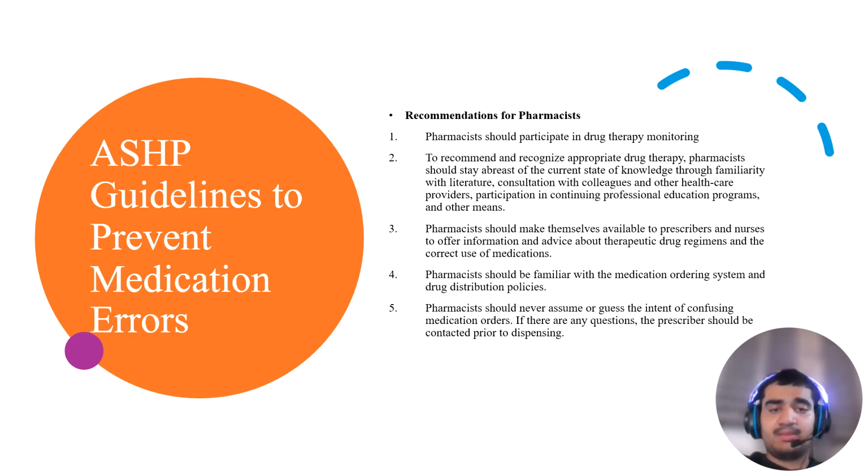Pharmacists should make themselves available to prescribers and nurses to offer information and advice about therapeutic drug regimens and the correct use of medication. Pharmacists should be familiar with the medication ordering system and drug distribution policy. Pharmacists should never assume or guess the intent of a confusing medication order. If there are any questions, the prescriber should be contacted prior to dispensing.